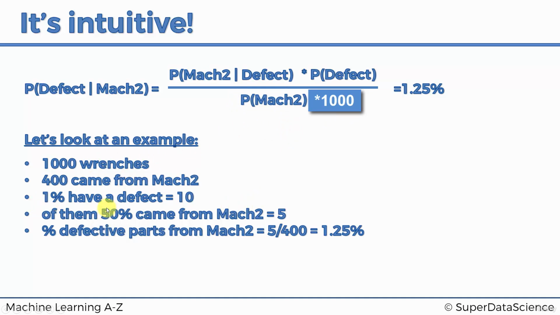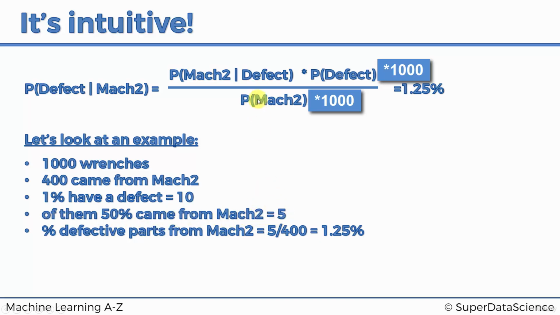Then 1% have a defect, and that means 10. Where did this 10 come from? That's 1% times 1,000. So instead of P of defect at the top, we actually have P of defect times 1,000. Just visualize that for a second. And then this 50%, the probability that they came from machine 2, equals 5.